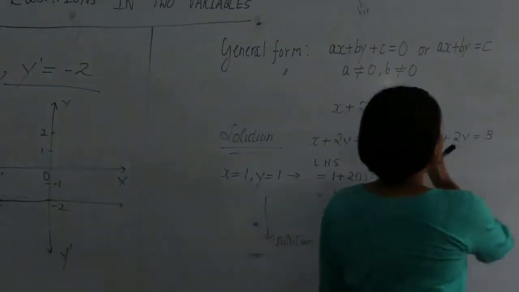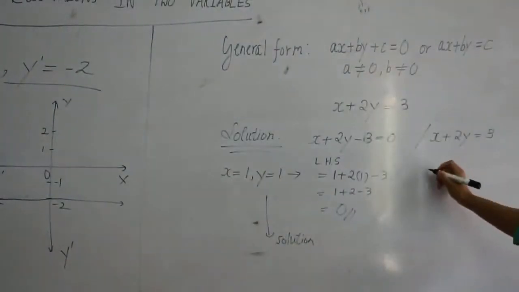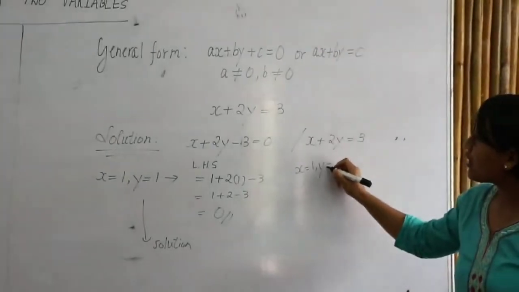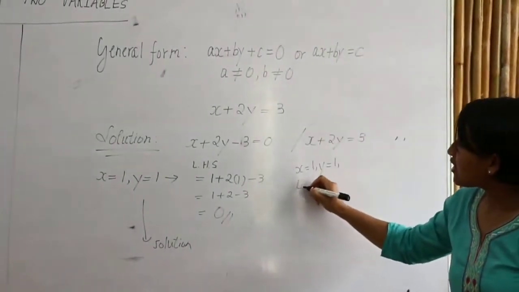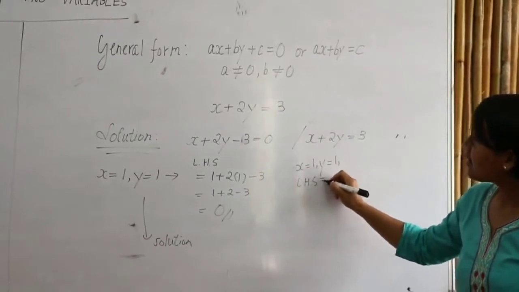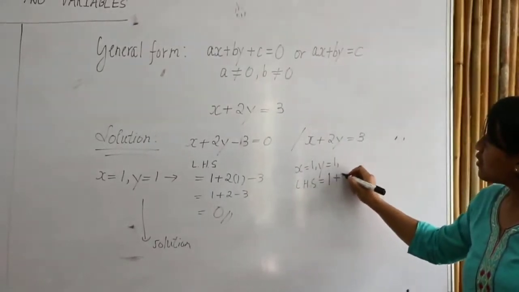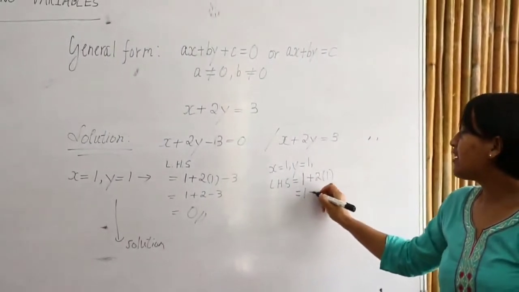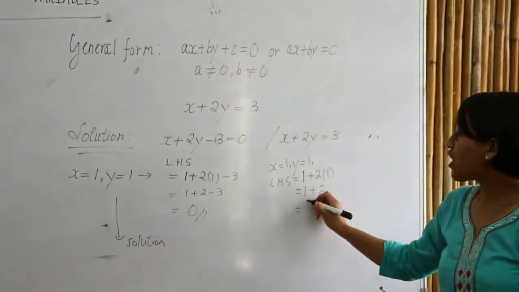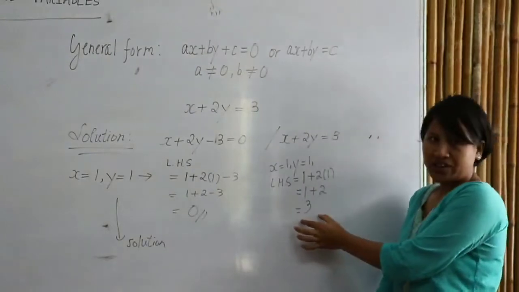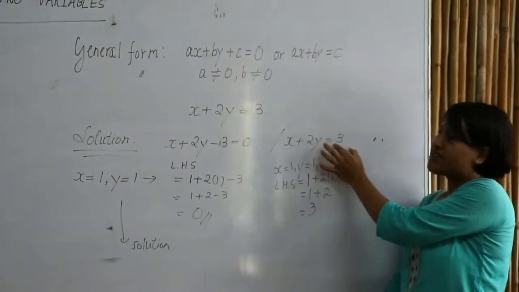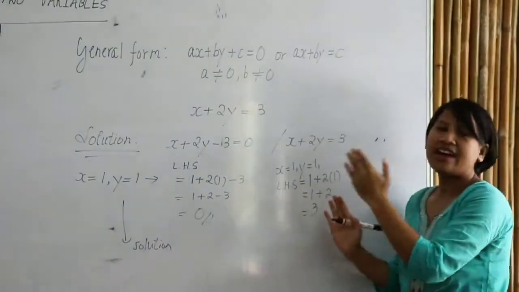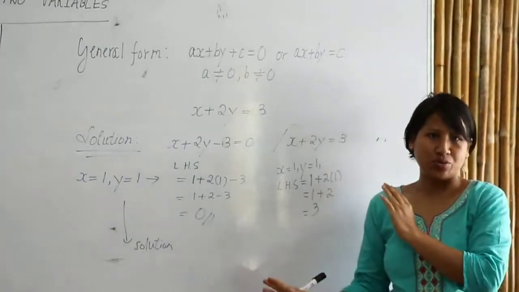However, when 3 is on the other side, for x equal to 1 and y equal to 1, the left hand side is 1 plus 2 into 1. In this case you get 3. You check what the right hand side is. It is 3. Still, the left hand side and right hand side are equal.